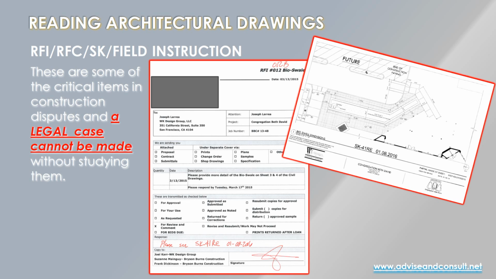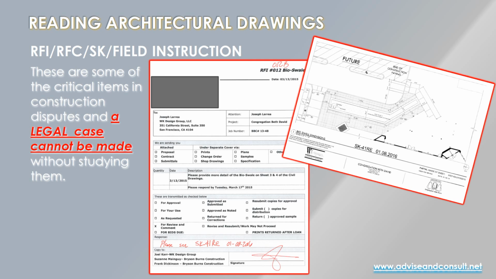So that's an RFI. These, because they clarify and they draw specific elements that were never covered in the architectural set, as I say, you cannot make a legal case without knowing everything that is in this RFI, RFC, SK, and field instruction log.